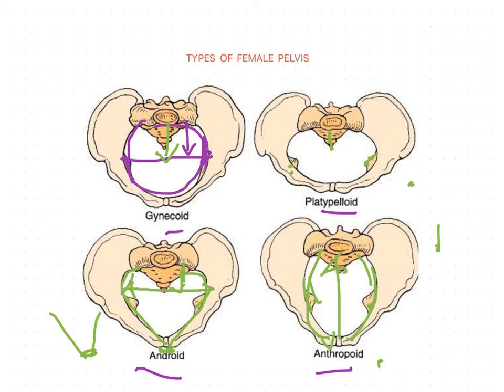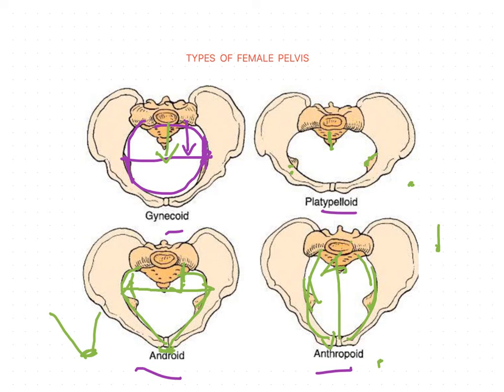Because of all this arrangement of these bones, it results in a deep, non-deep obstructed pelvis. So these are all the types of the female pelvis.